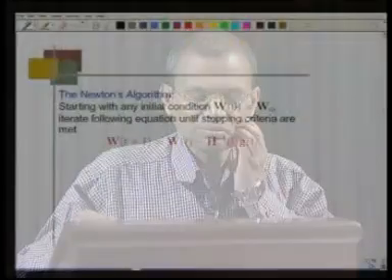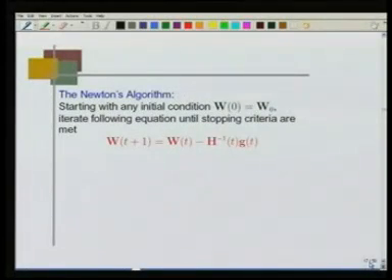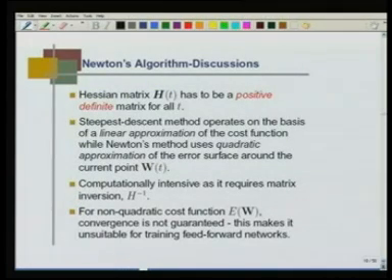So, the Newton algorithm, starting with any initial condition W naught, iterates the following equation until the stopping criterion is met: W t plus 1 is W t minus H inverse G t. The Hessian matrix H t has to be a positive definite matrix for all t, and we can't guarantee that all the time.